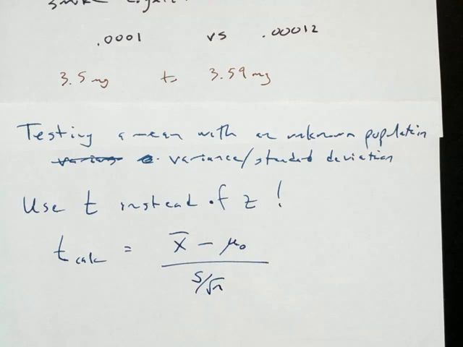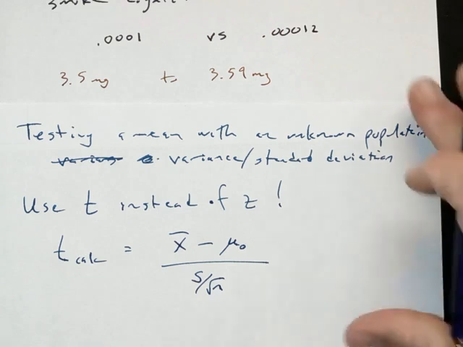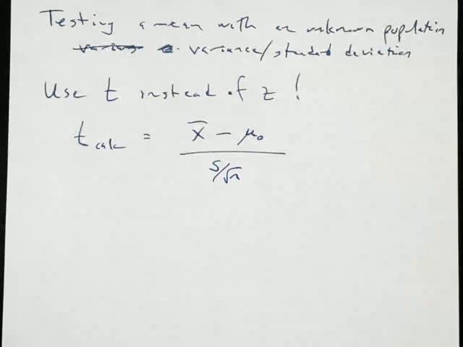And that means instead of using sigma, I use S, the standard deviation from my sample, rather than the standard deviation from the population. And instead of using the normal distribution to get my T critical, I'll have to use the student T tables to get my T critical.